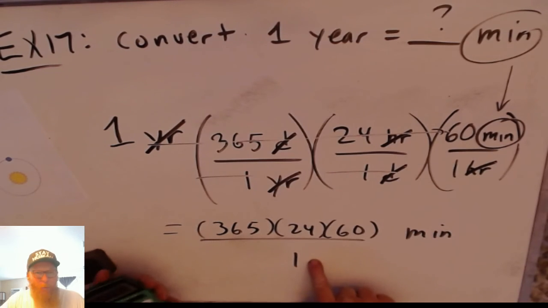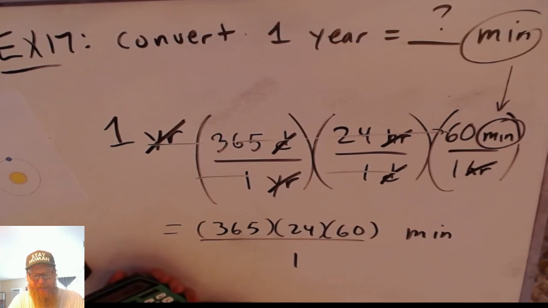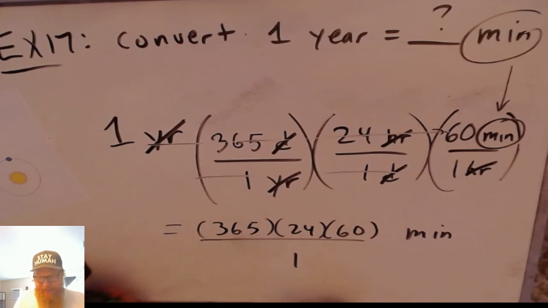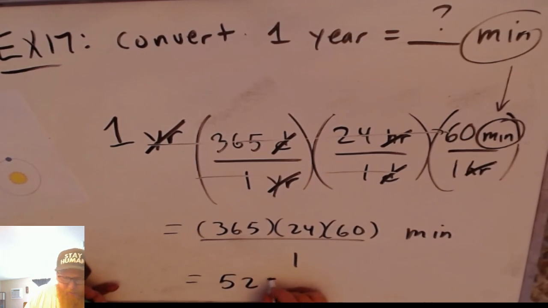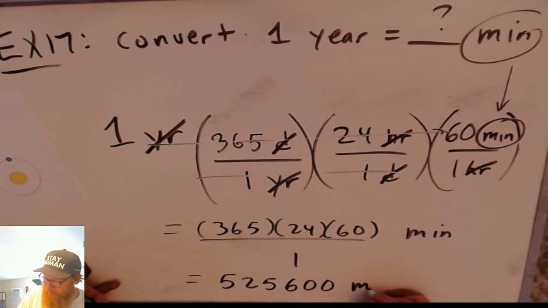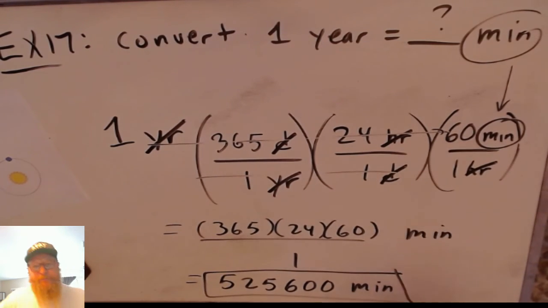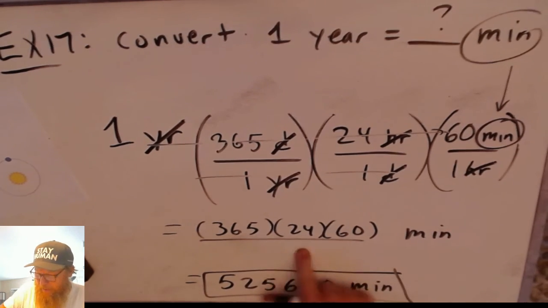And you don't need to put the 1 because it's divided by 1. 365 times 24 times 60 is 525,600 minutes. And there you have it. So now we usually omit the 1 here.